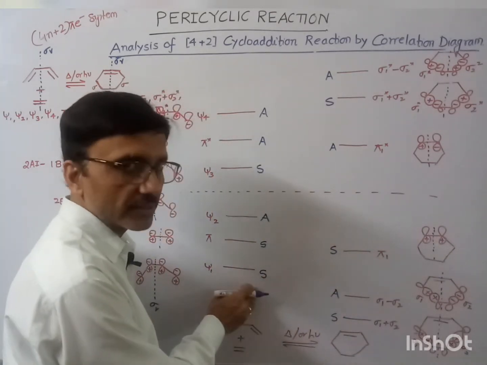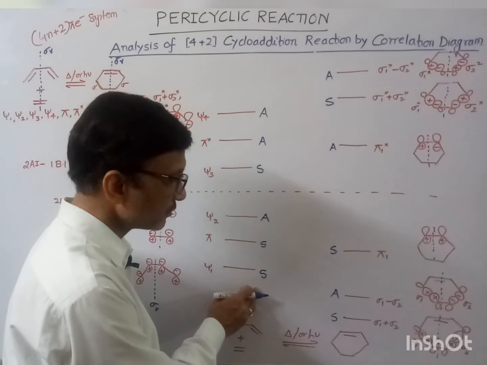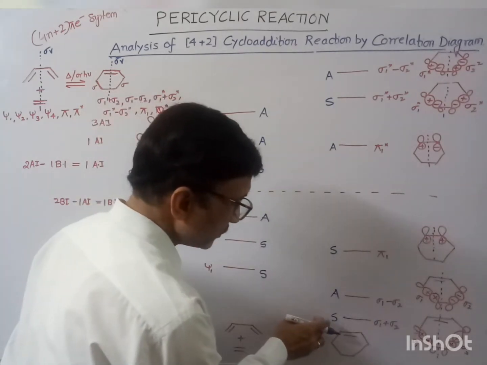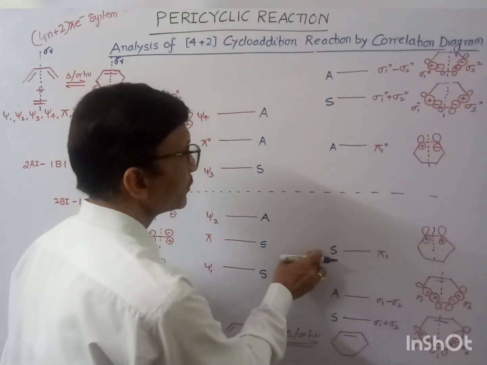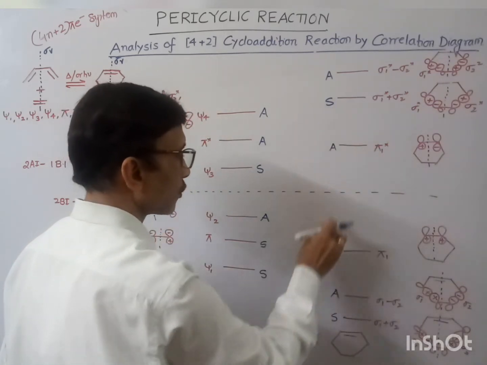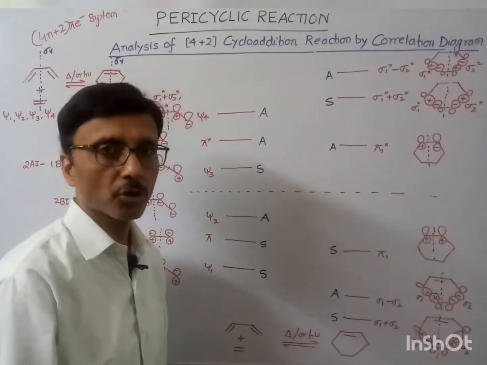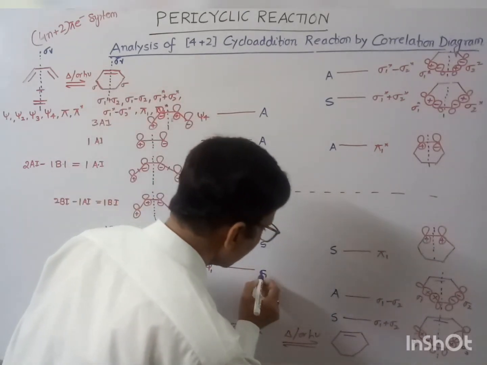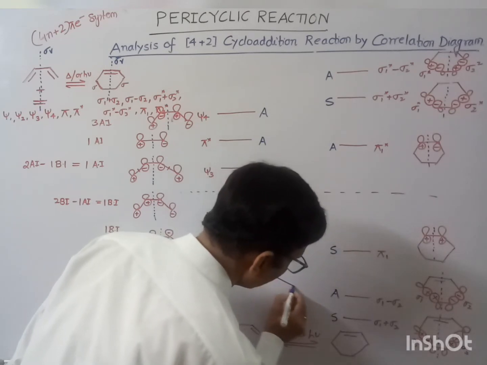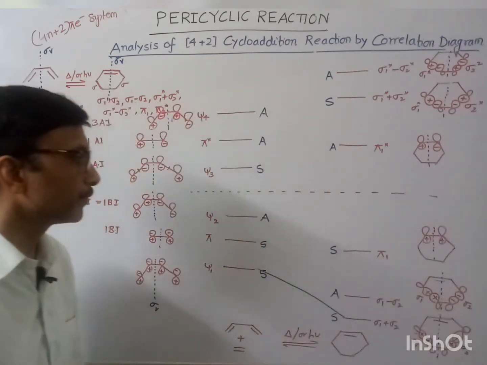This psi1 is symmetric with respect to sigma v, and in the product this is symmetric, this is symmetric. So out of these three symmetric molecular orbitals, this sigma 1 plus sigma 2 is having the lowest energy. That's why I should join it by this straight line.